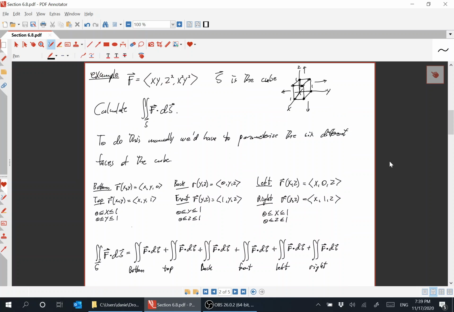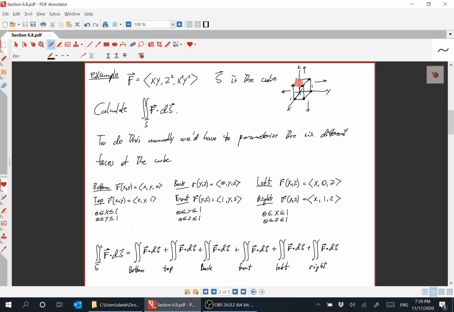So we've got that cube, right? And the orientation is outward. So the right-hand face is oriented to the right, left-hand face oriented to the left, top face up, bottom face down, front face forward, back face back. Right? So we parameterized all the faces: bottom, top, back, front, left, right.